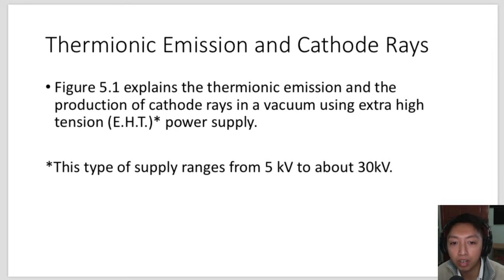When I say extra high tension, I checked on the internet to see what is considered extra high tension. It seems to be different for different articles. One article I read says starting from 5,000 volts or 5 kilovolts to around 30 kilovolts. So a really high voltage power supply.